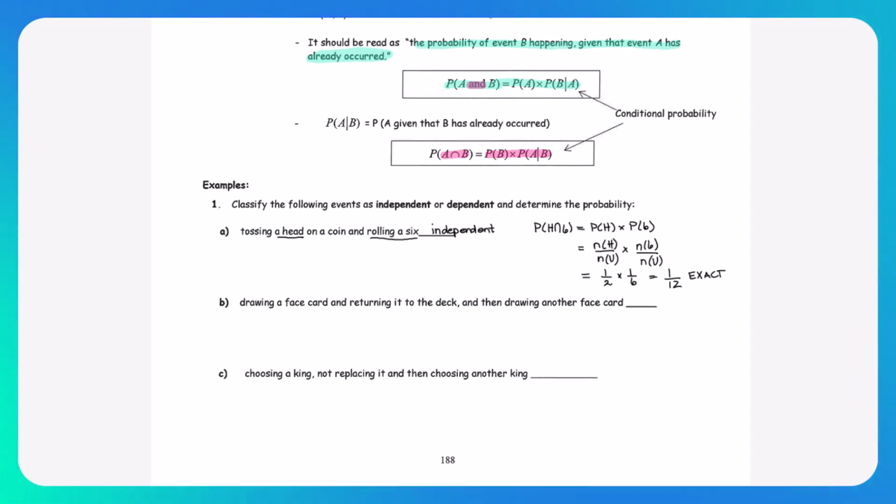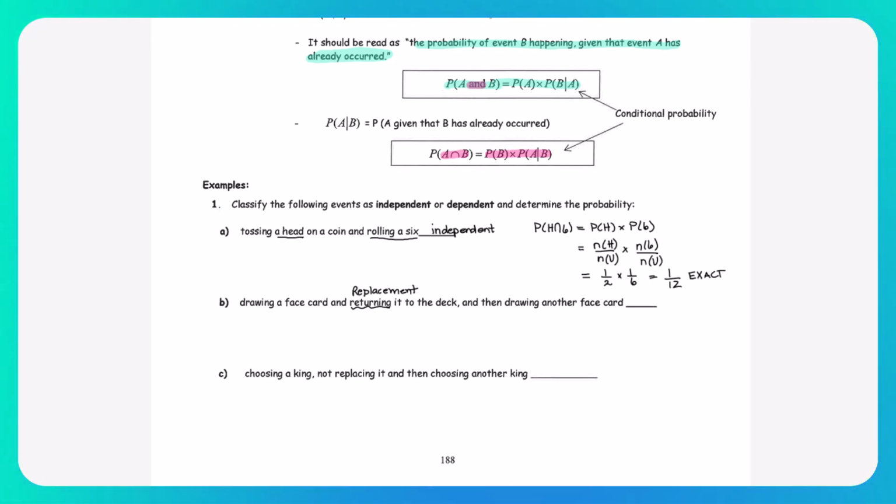So we have drawing a face card, returning it to the deck, and then drawing another face card. Well, this goes back to our definition: returning it is basically the same thing as replacement. So because we have replacement, these are still independent events.